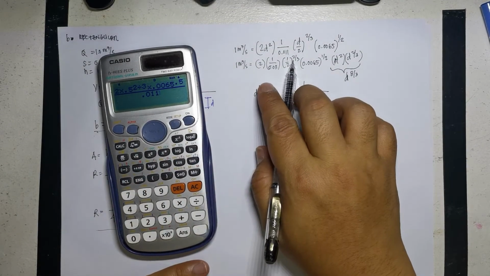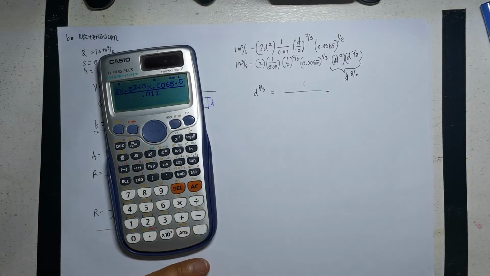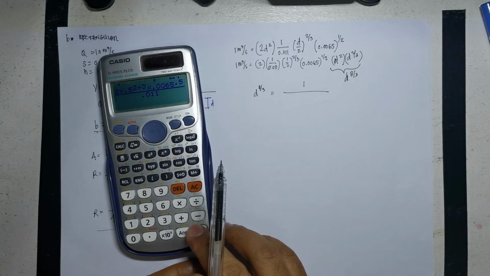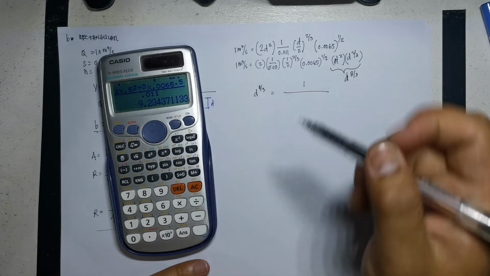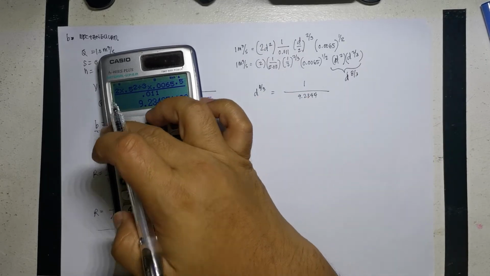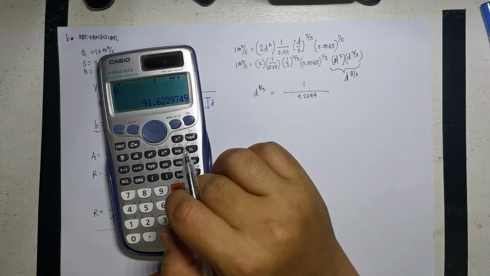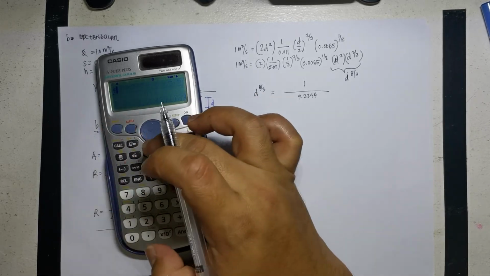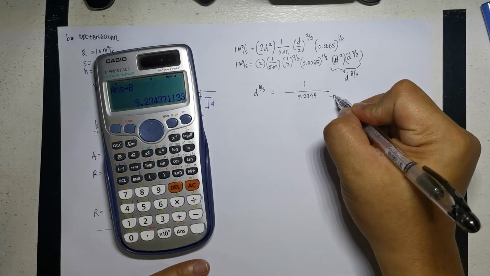Wala na yung 2 kasi na yun na yung 1/2. So may naiwan pa bang iba? Wala naman na, no? That gives us 9.2344. Store natin siya sa B.